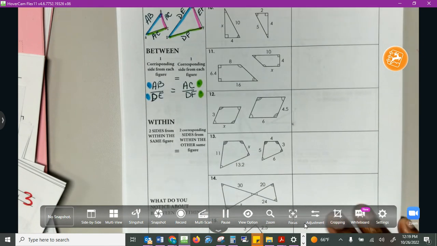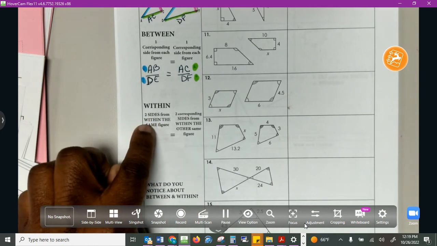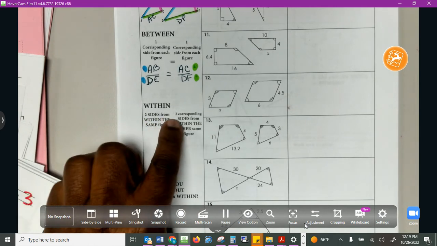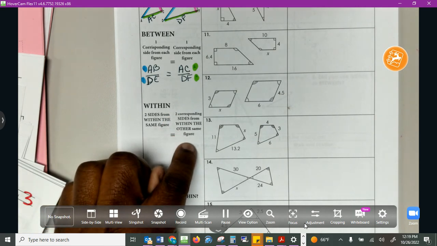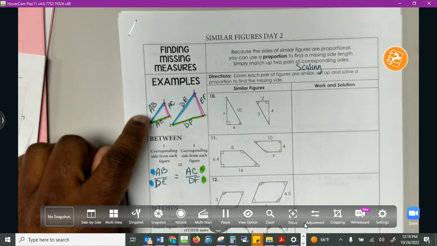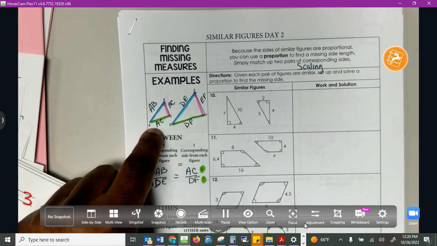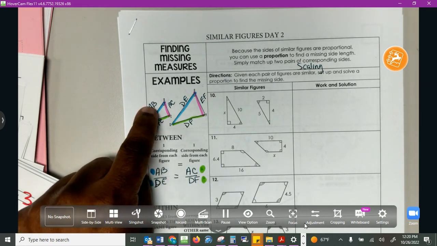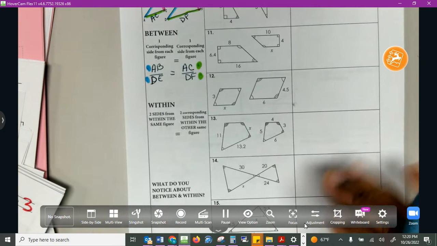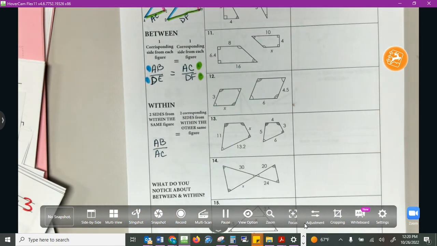Let's go to within. So within says that two sides from within the same figure is equal to two corresponding sides from within the other same figure. So let's look at what that looks like. If I use the same ones we used, the blue and the green, within the same one, I could say AB to AC.